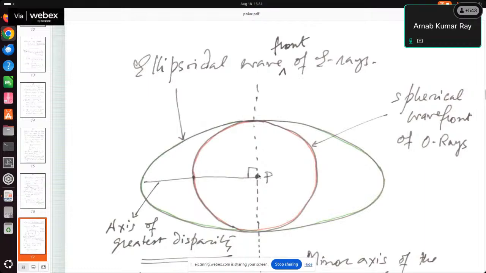From the point of impact of the stone on the water surface, surface waves will start rippling out, and the wave front viewed from above will be perfectly circular. Why is it circular? Because along all directions, the waves will be traveling at the same speed.